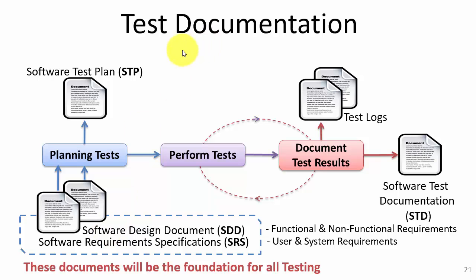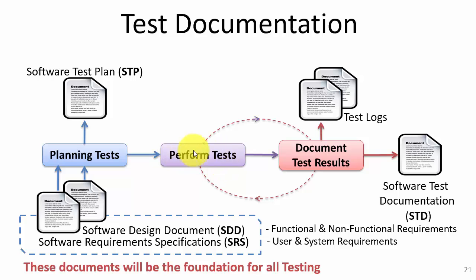Here we see typically the test documentation made during a software development project. We start with the software requirement specification document and the software design document. These are very important documents when it comes to testing. So we need to take all these things into consideration when we are planning the testing, and these things should be listed in the software test plan.